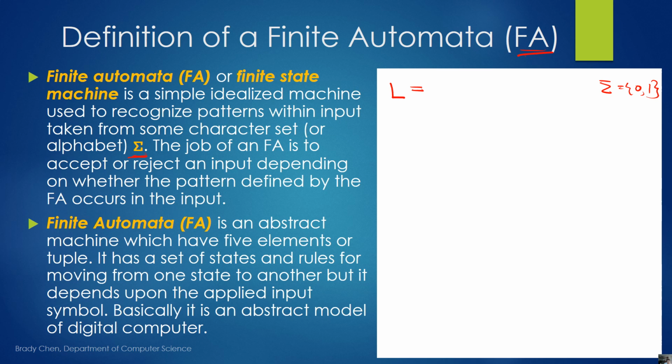Or the language can be defined as all the strings which contain 0 at the end. That's another example we just talked about. So a language is a certain set of strings, which could be infinite or could be finite.